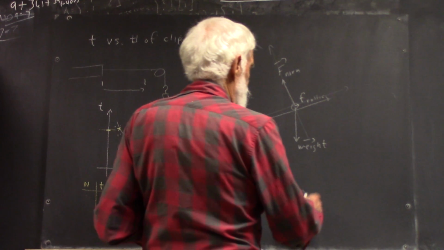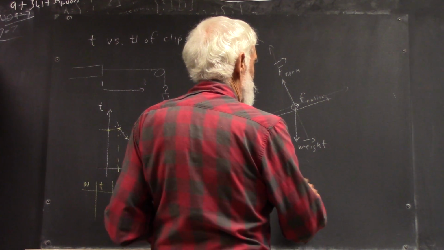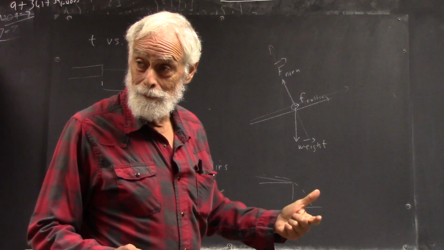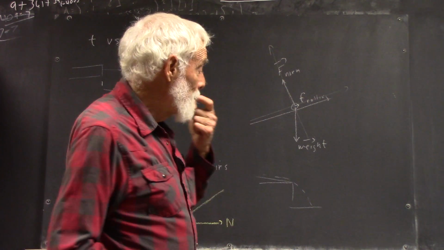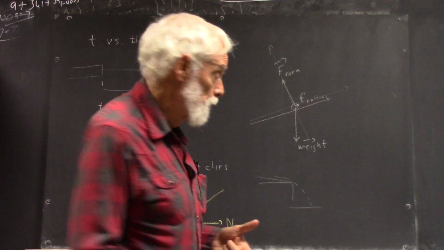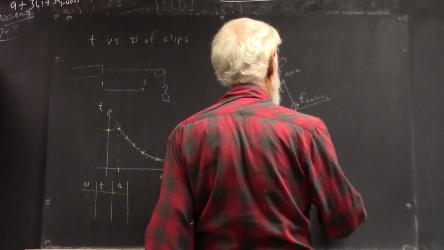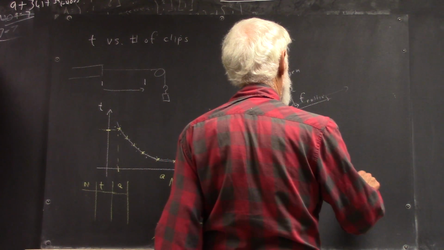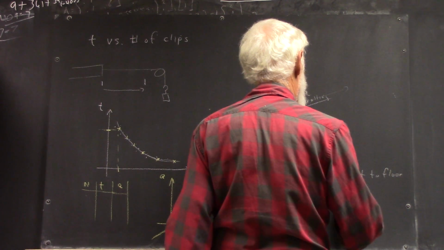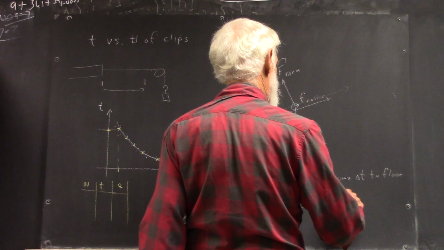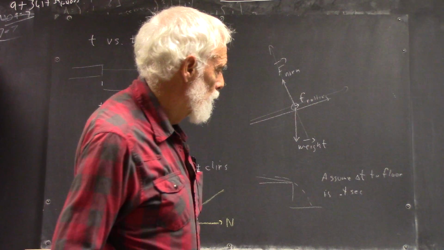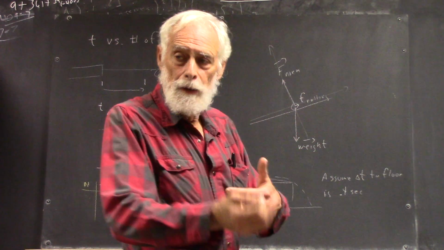Your velocity at every point has the same component in this direction. We've talked about that, we've drawn it. You have an acceleration in this direction, and things are a little more complicated than this oversimplified version. This is after the ball leaves the ramp.